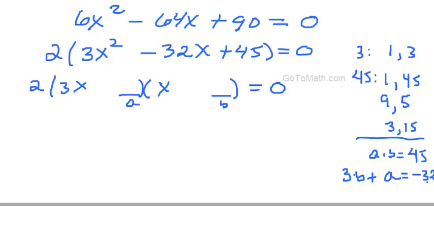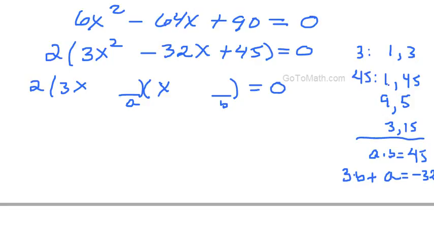For the sum to be negative 32, one number has to be larger than the other, so B must be negative. Or is that true? That's not necessarily true. Erase that.